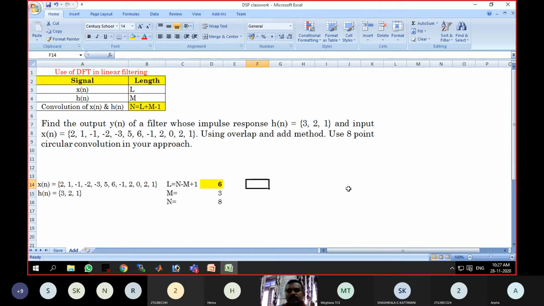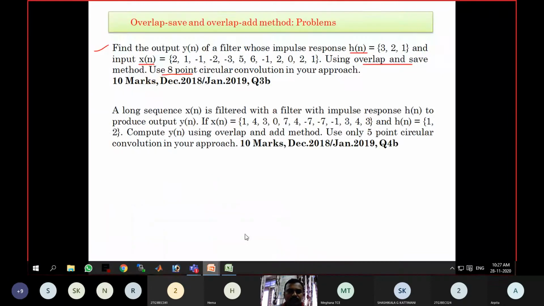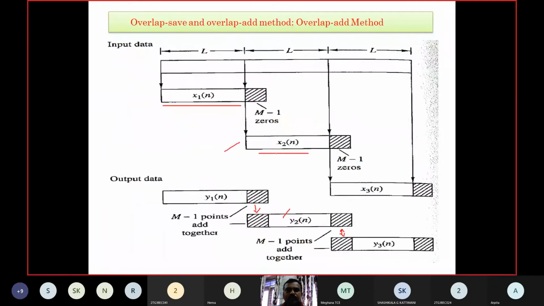So let us go for x1 of n. According to the concept of the overlap add method, we need to choose L elements from the original sequence and the last M minus 1 bits are zeros. Last M minus 1 bits are purely zeros.